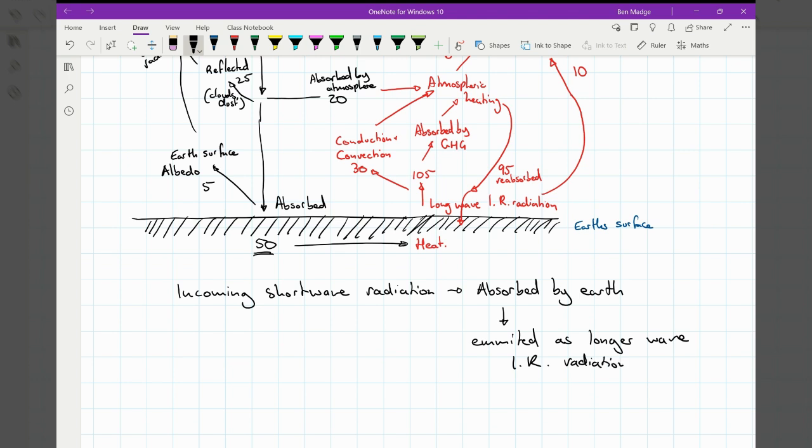And that's the important thing to remember, it comes in as shorter wavelength radiation and it's emitted as longer wavelength infrared radiation.